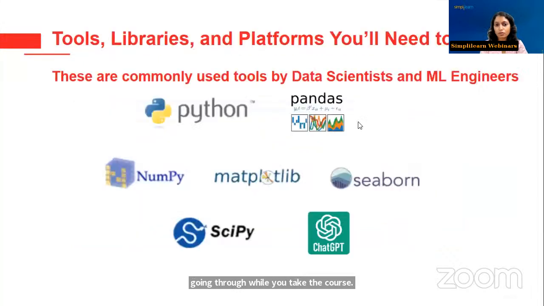Great. So here are quick tools and platforms that you'll be learning. Of course, Jonathan touched upon these tools while we were talking about the two roles and what you would need in order to become a data scientist. You will be getting practical exposure to these tools, which, like I said, will give you the confidence and understanding of how exactly organizations use data sets to generate insights and take action from them.